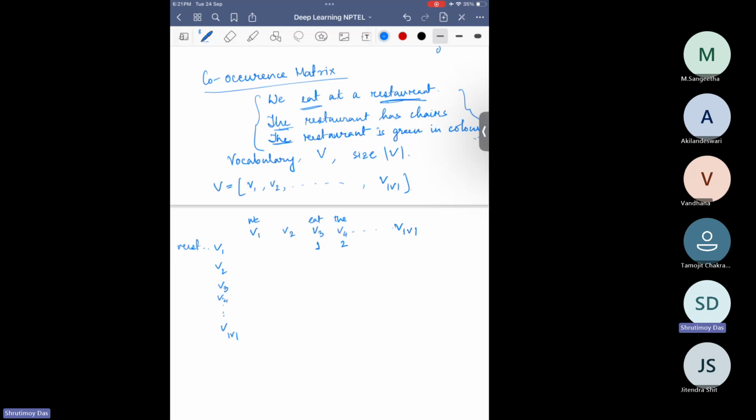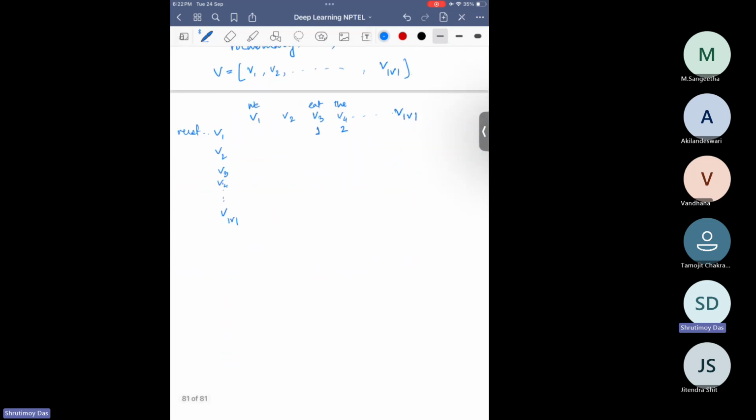So we only want to look at the closest context. By closest context we mean, given some word, say I have some word w, and I create a window of size say 2.